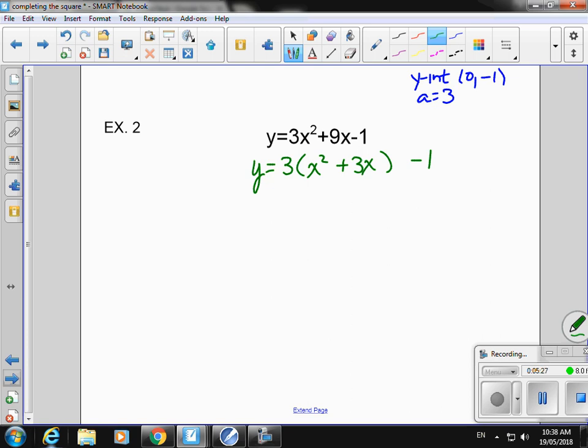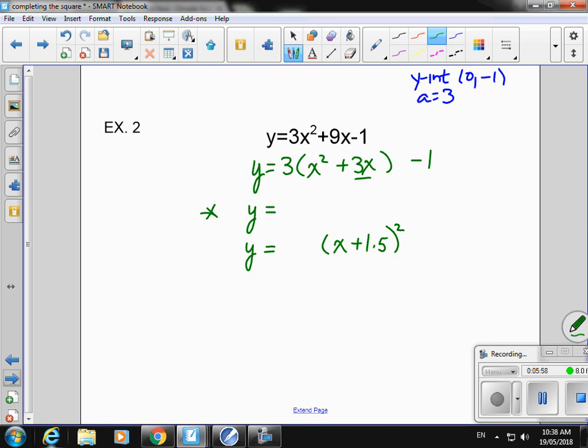Perfect. Line number 2 is complete. Line number 3 is my tricky one. So I'm going to skip it for a moment and come back to it. I know that I need a perfect square. Then I know it's x and a number squared. That number is always half of the x term above. So it's going to be 1.5. I'm writing 1.5 on the smartboard because it's kind of hard to be so neat. So I've got my perfect square. That's awesome.